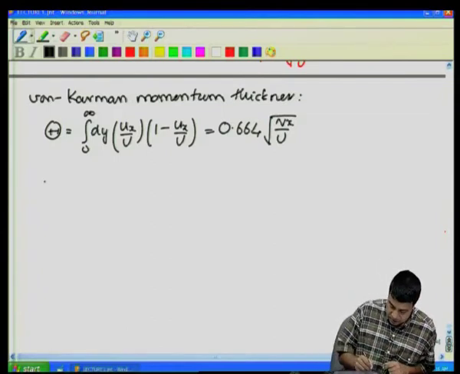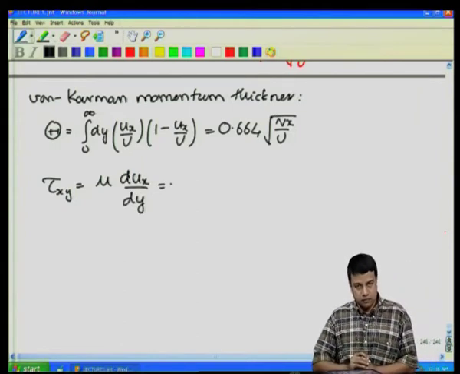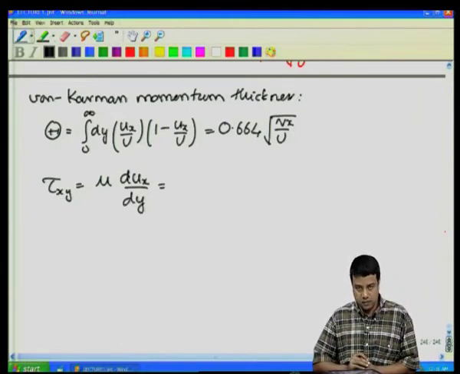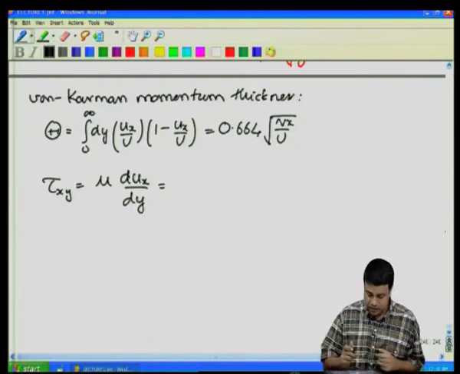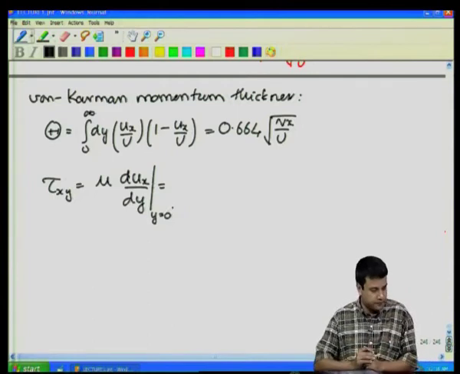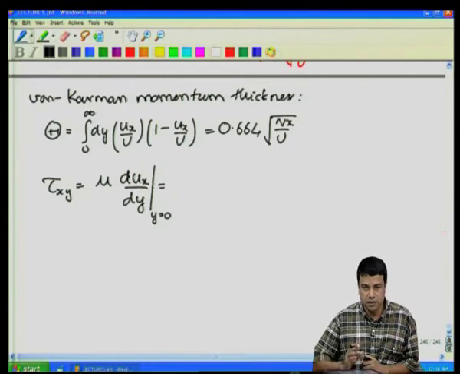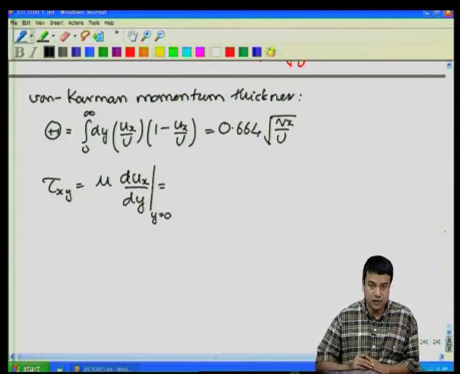First, the shear stress, mu times dux by dy. This has to be calculated at the surface y is equal to 0. And now I can express dux by dy in terms of f and eta, which I had calculated earlier.